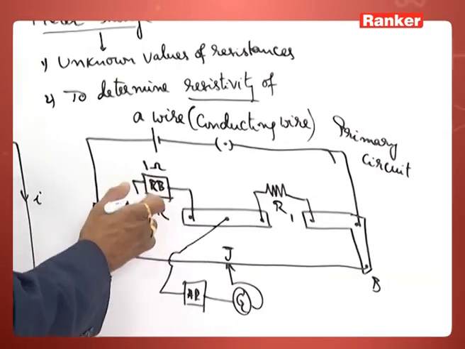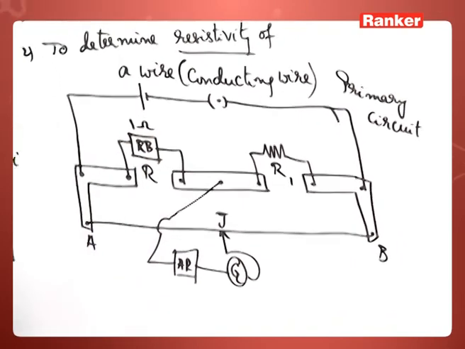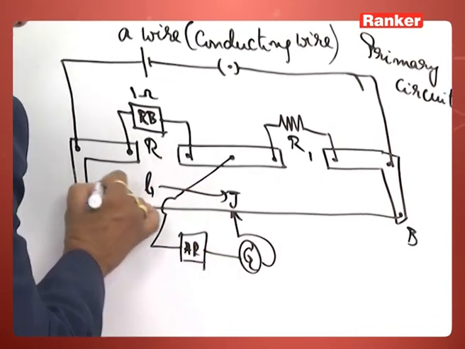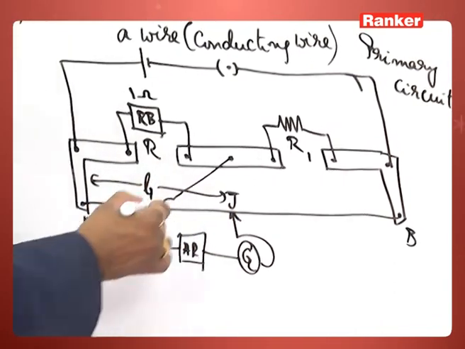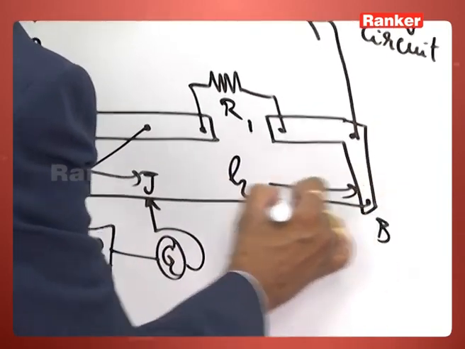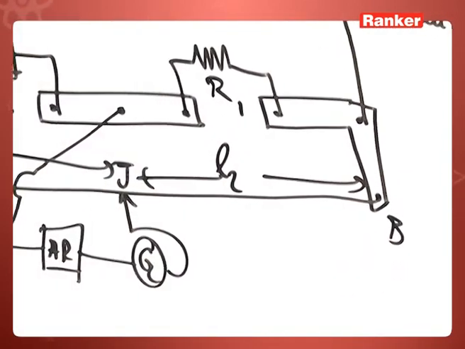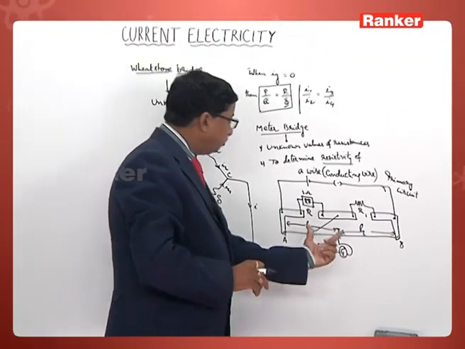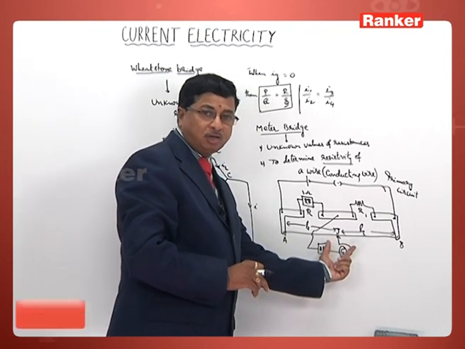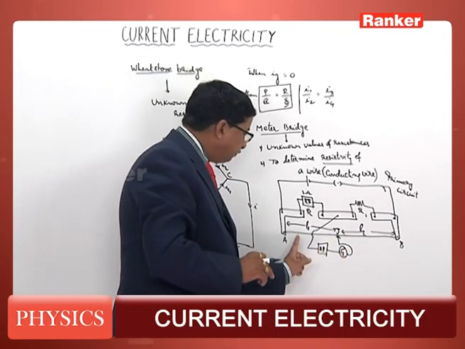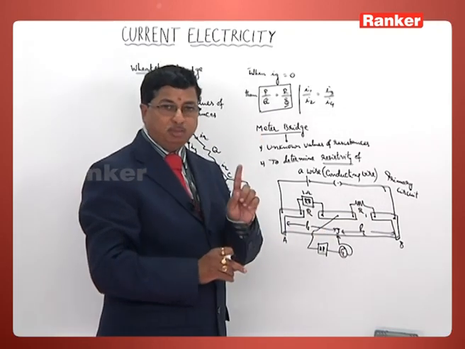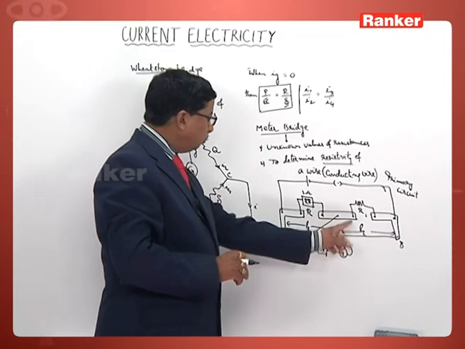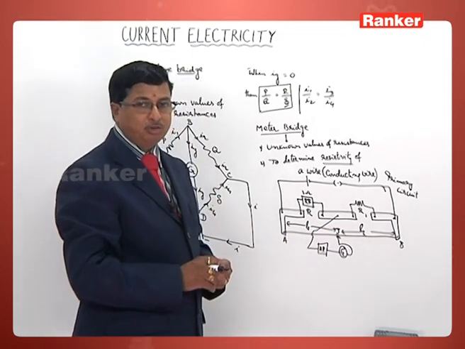So in the resistance box, when we apply some known resistance, the balance length we measure as L1 here, and the remaining length I consider as L2. The sum of these two values L1 and L2 must be equal to 1 meter of this wire. That is, the total length of this wire is exactly a meter. If L1 comes to be 40 centimeter, L2 automatically will be 60 centimeter, we know that.